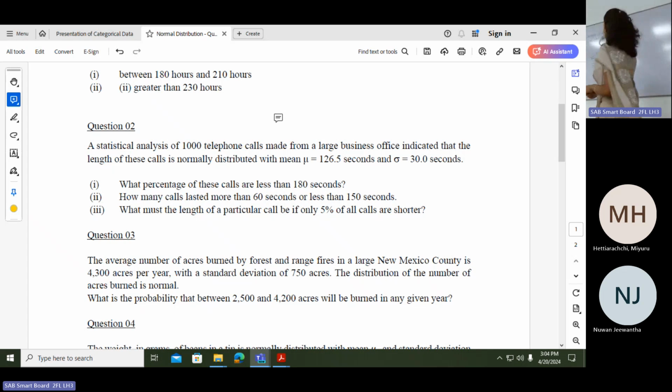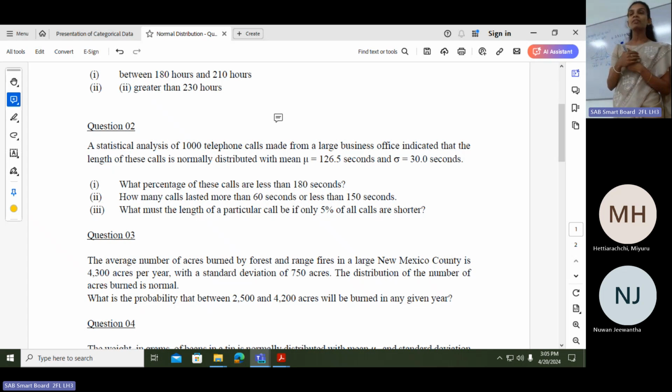For 0.78 it is 0.2823, then add 2.21, which is 0.4864. What is the answer? 0.7687.